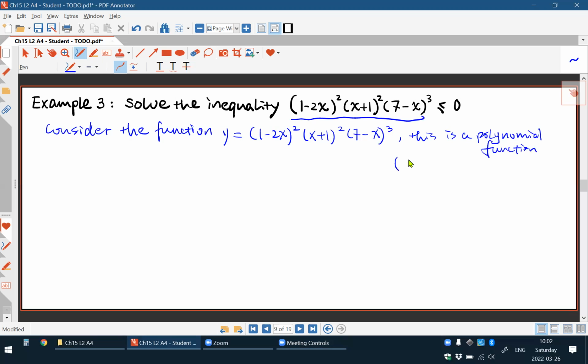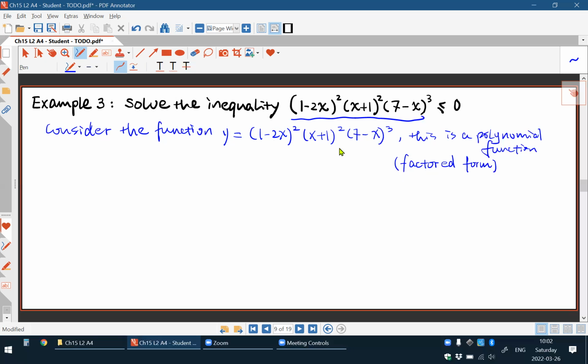And it's already in a factored form. A factored form means it's a product of several binomials, okay? If it's in a factored form, it's easier because it's easy to calculate the zeros, right?